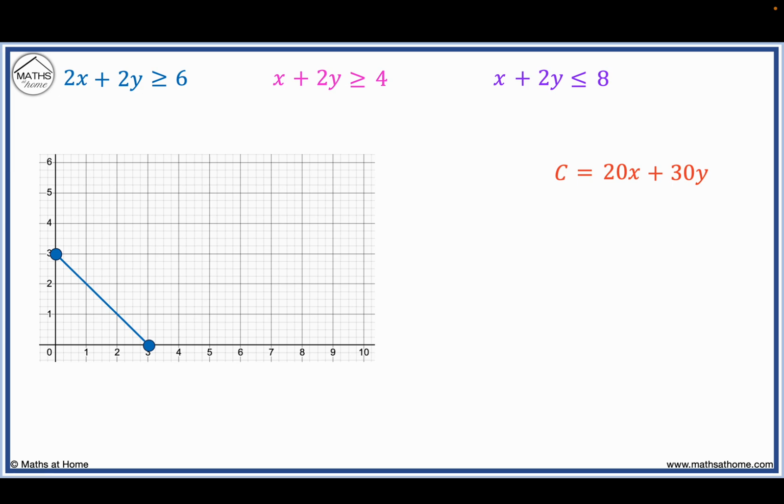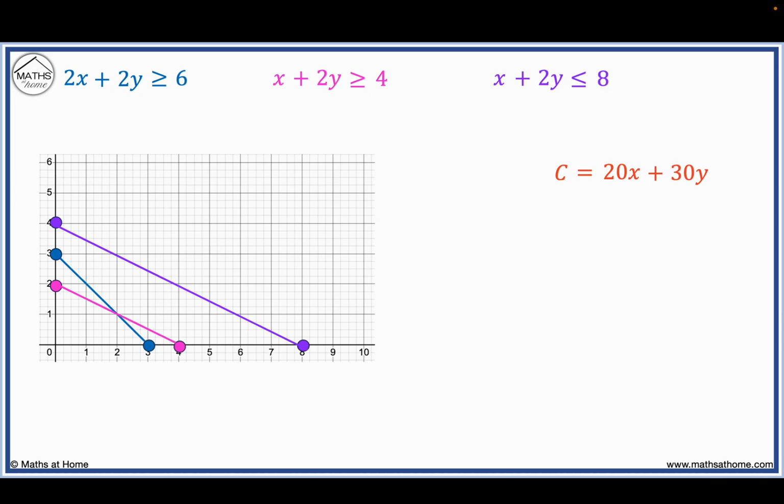In the next equation, the x-intercept is found by 4 divided by 1, since we have 1x. This is 4. Then, for the y-intercept, we have 4 divided by 2 equals 2. Finally, we have 8 divided by 1 equals 8, and 8 divided by 2 equals 4. These are the three lines.